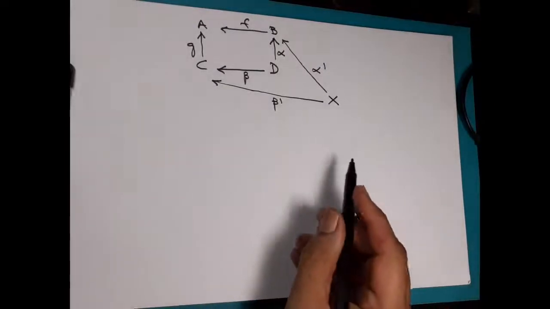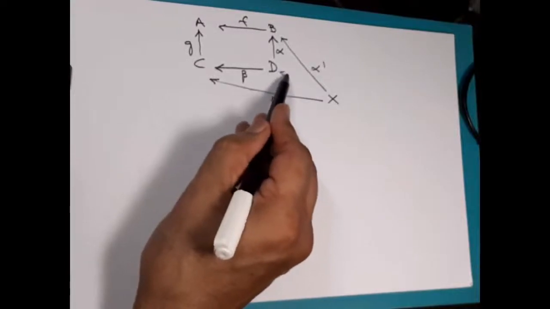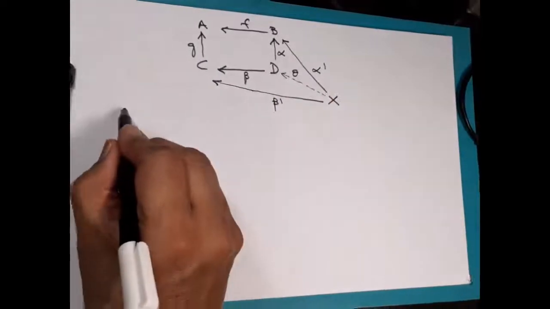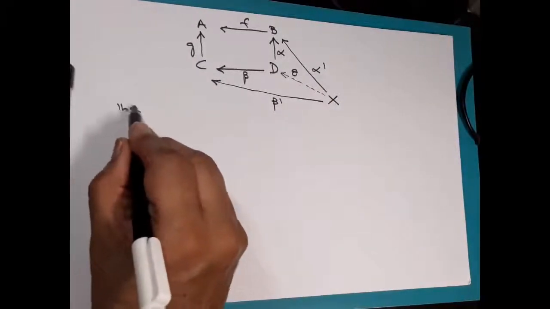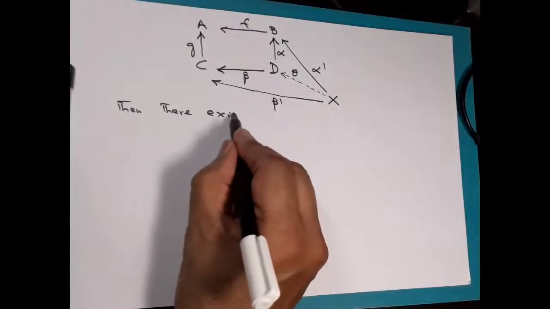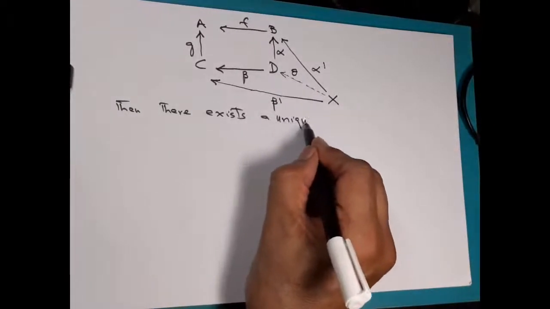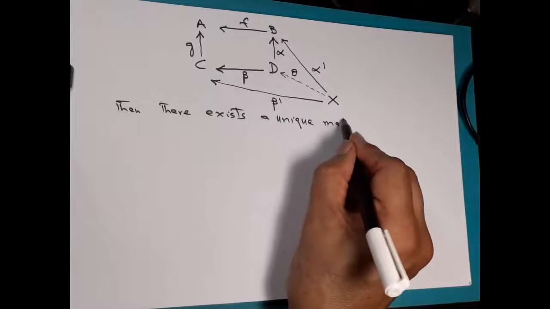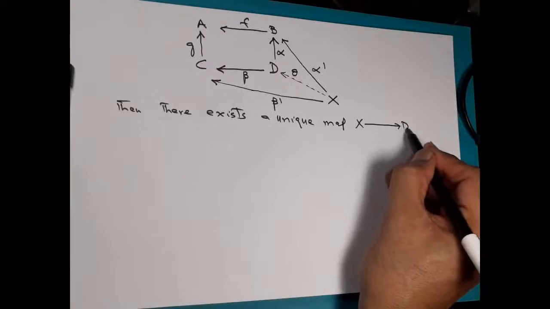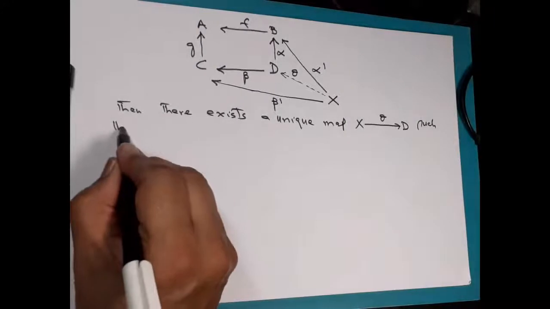And then there exists a unique map from X to D. Let's call this map theta.